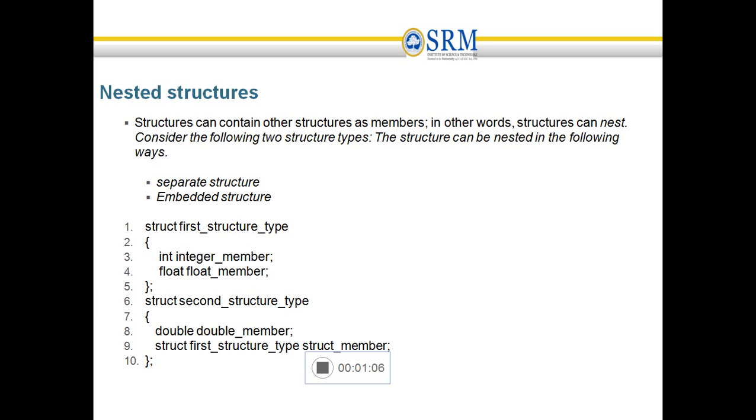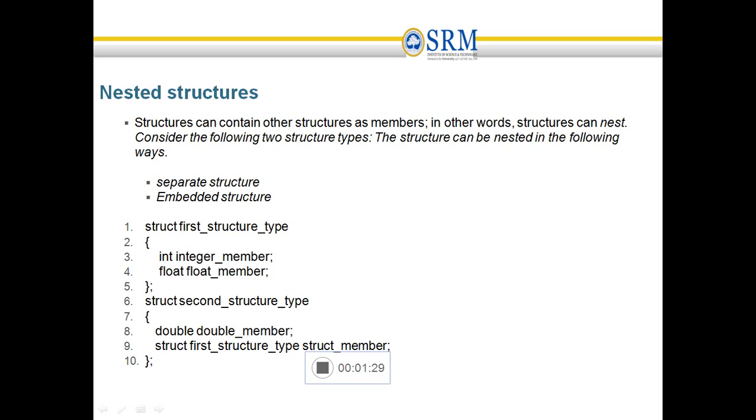One type is the separate structure and another approach is the embedded structure. In this slide we have shown an example of a separate structure, how you nest a structure. The first structure is named first_structure_type. It has two member variables, integer_member and float_member.